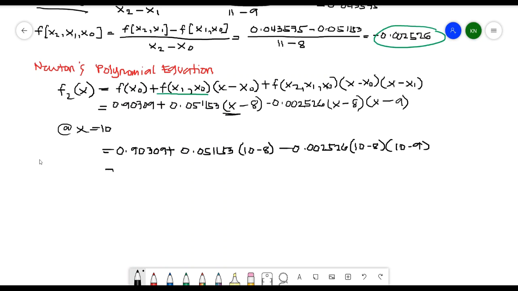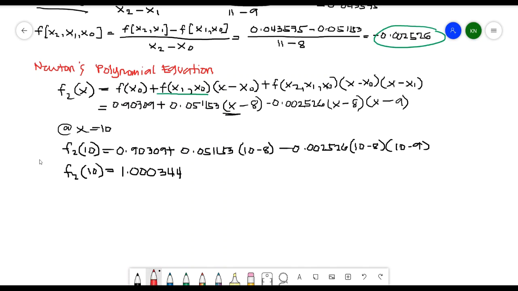If you calculate this, this is our f sub 2 of 10, which is equivalent to 1.000344.